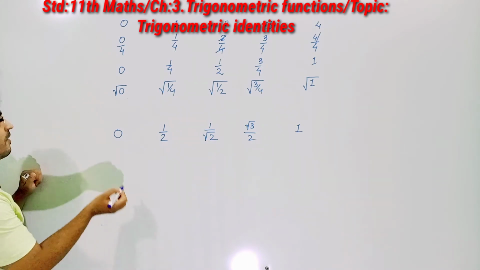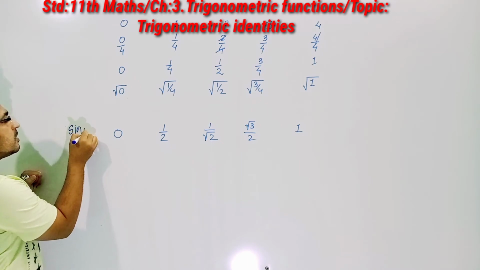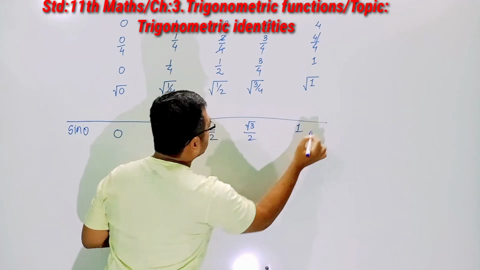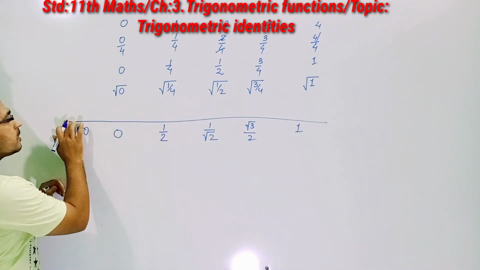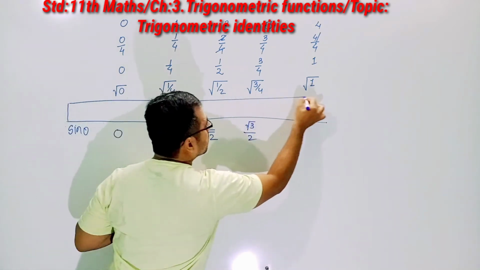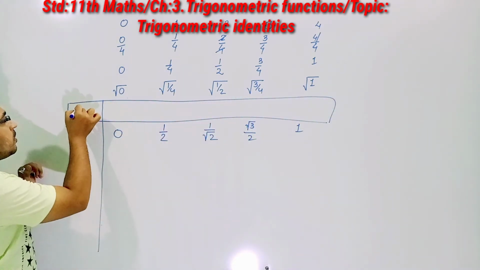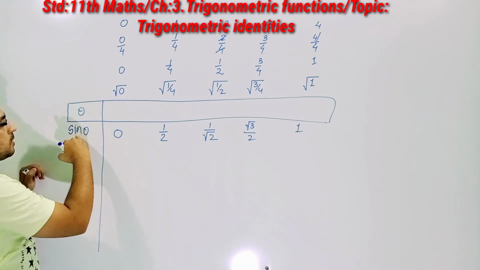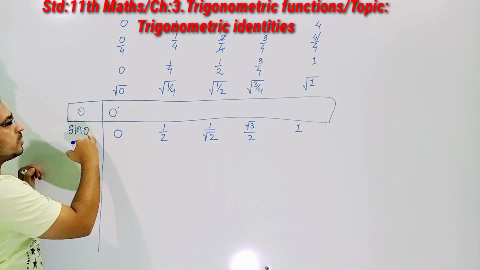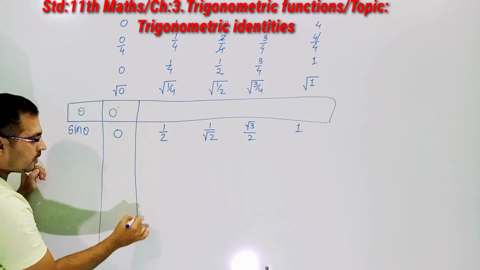So students, what you will have to write over here? Just write down sin theta. Right? In this way. Write down theta over here. This is the value of sine 0 degree. If theta is 0, this is the value of sine 0 degree.